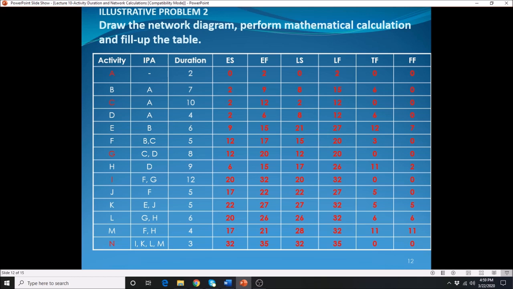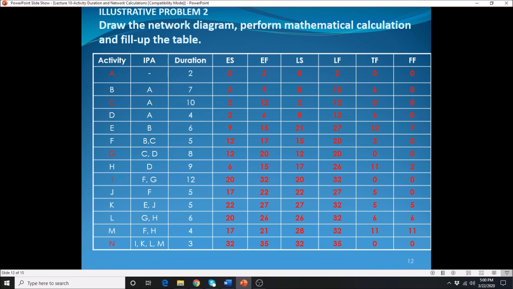Again, I want to remind you that there are several rules here. When you draw the network diagram, you have to begin from left to right, and follow the alphabetical letters, left to right, top to bottom. The next thing you have to do is perform the forward and the backward calculations. As you perform the forward pass, carry over the maximum. Whatever the last number on the last activity is tells you the duration of the given project.